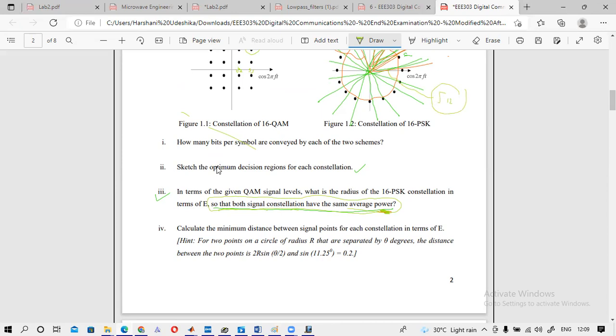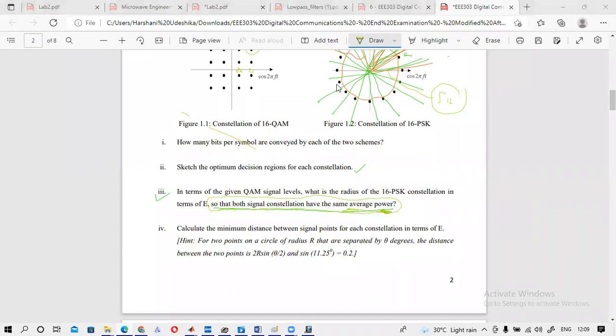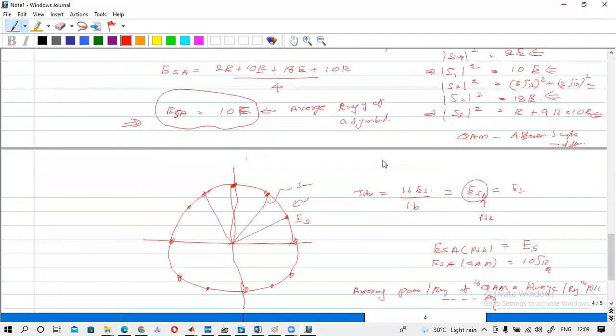So in this question, I equal it, because it is given. You are clear, no? So we will move.